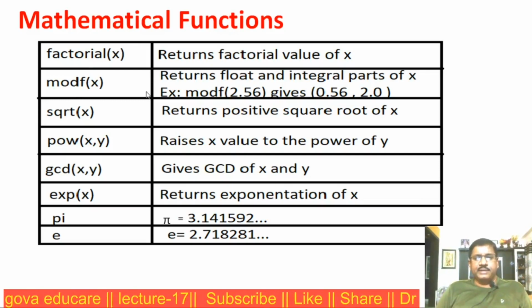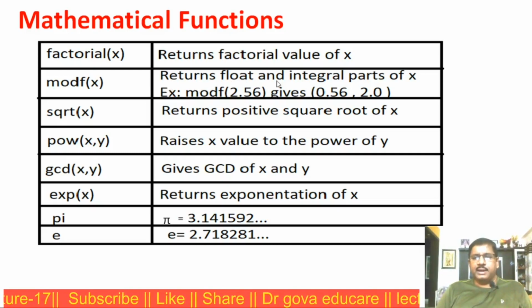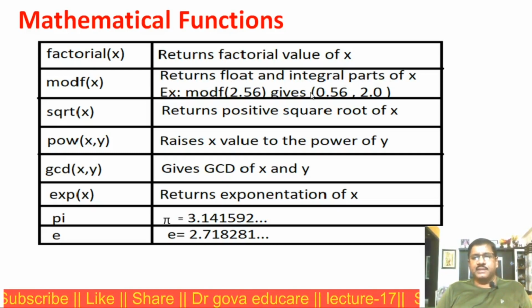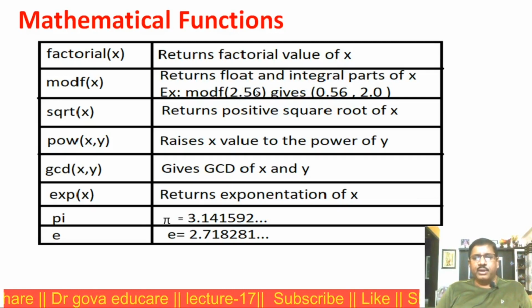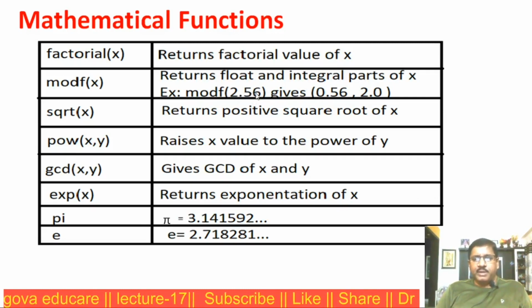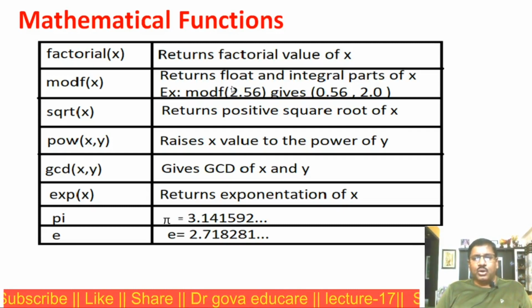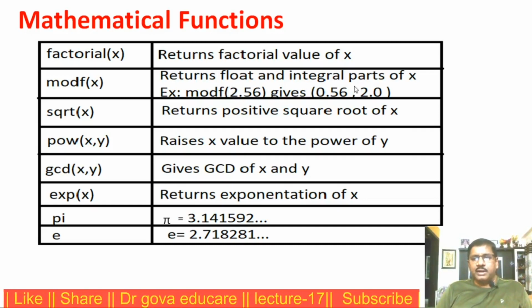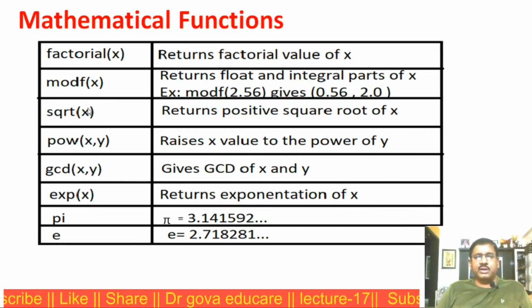Modf of x. This function returns the fractional and integral parts of x. Say for example, modf of 2.5 returns the floating point value 0.5, and next the integral part 2, both in floating point form. Next, sqrt of x.